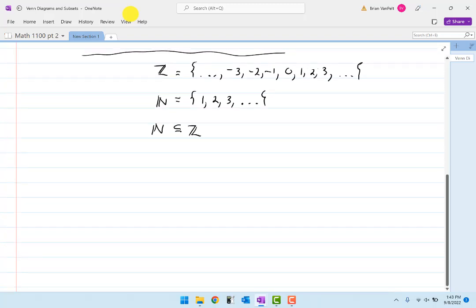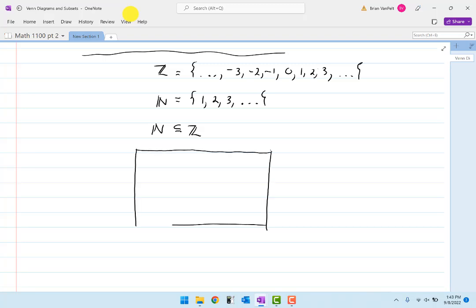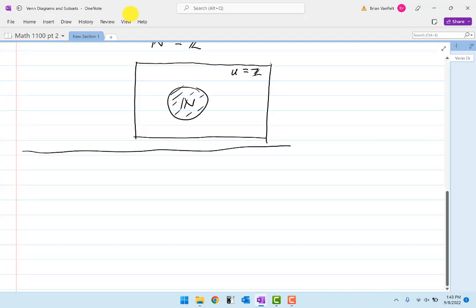So in this situation here, we might draw a Venn diagram that looks like this. Here, our universal set may be the set of integers, and then we could have a circle with the natural numbers inside of it. If we're talking about the set of natural numbers, then maybe I'll shade it. U is called the universal set, and it varies from problem to problem.